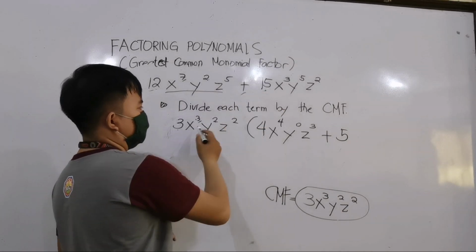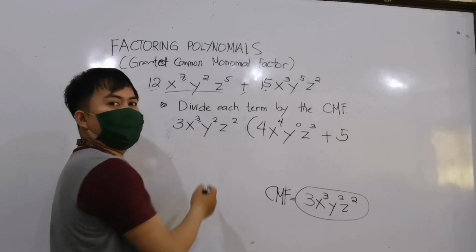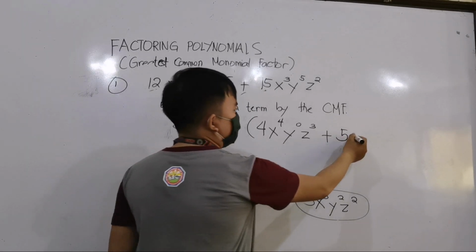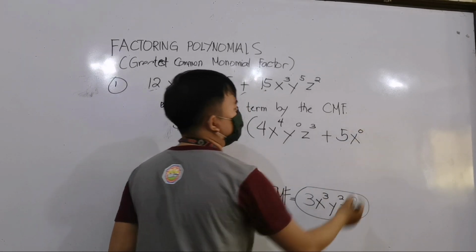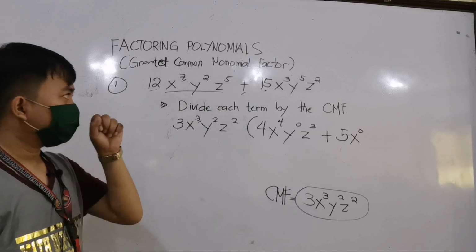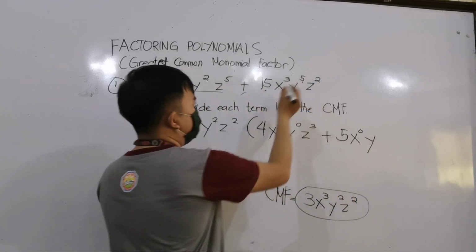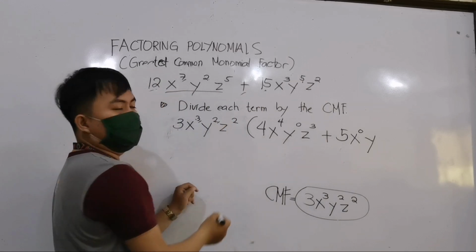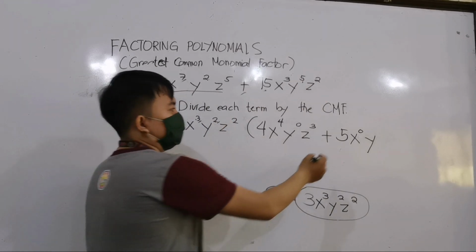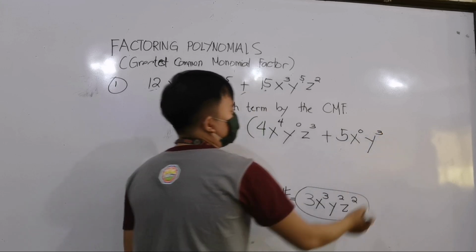X cubed or x raised to 3 divided by x raised to 3, 3 minus 3 is 0. Y, 5 minus 2 is 3. So y cubed.